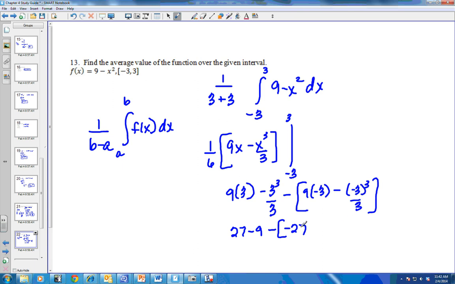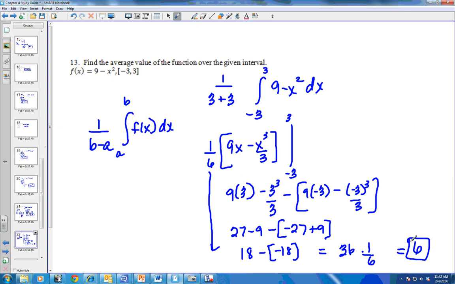So minus negative 9, that's plus 9. 27 minus 9 is what, 18, minus negative 18. So that's positive 36, but I can't forget to bring that 1/6 down. So 36 times 1/6, and my answer is 6.